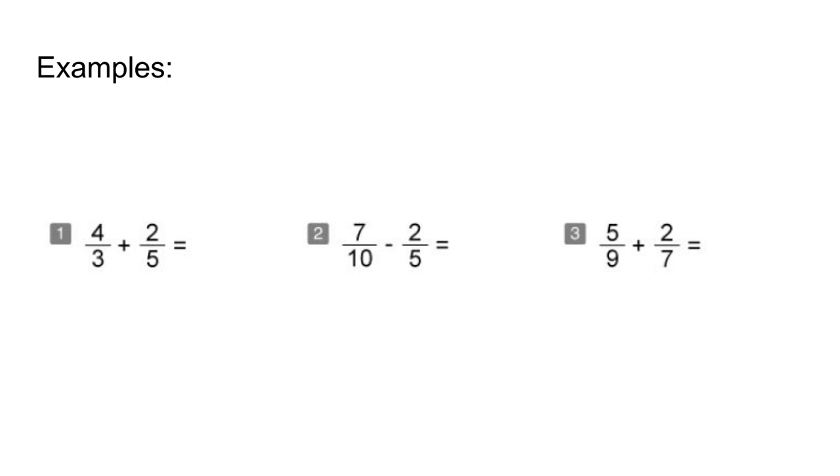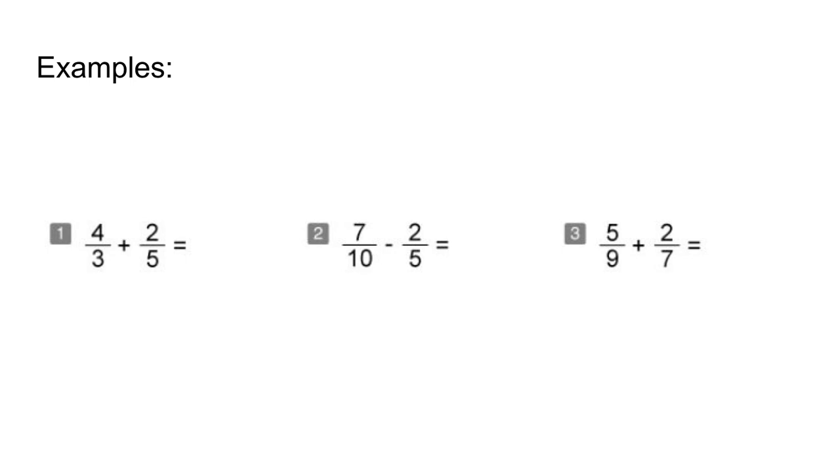Okay, let's look at some examples here. So number 1, I have 4/3 plus 2/5. Well, I need my denominators to be the same, right? So let's look, I have 4/3, 2/5. I can either skip count them and find the least common multiple, or I can times them together. Well, let's do the times them together option, okay?